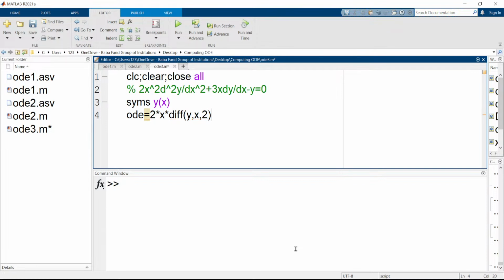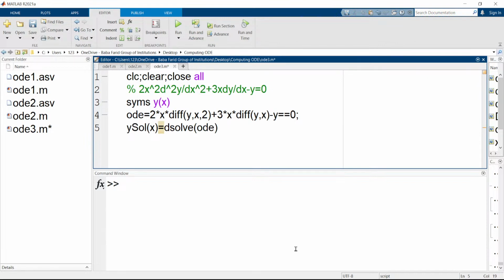Then plus 3 product x product diff y comma x, then minus y equal to 0, and suppress it. After that we want to find the solution: solution for x is equal to dsolve, and at the place we use ODE.